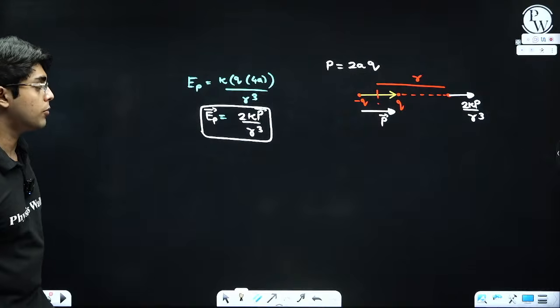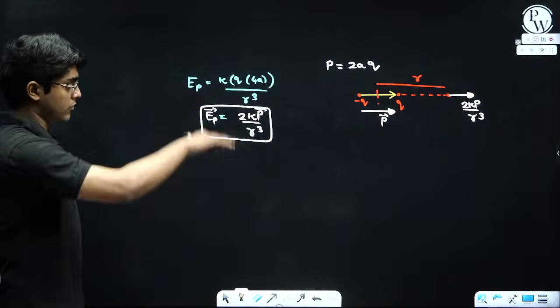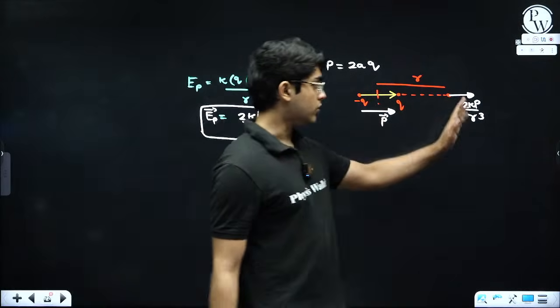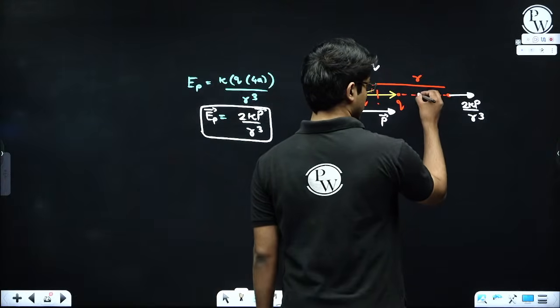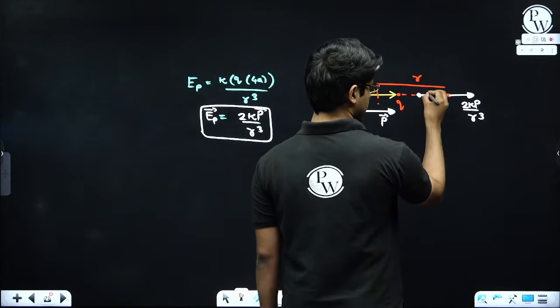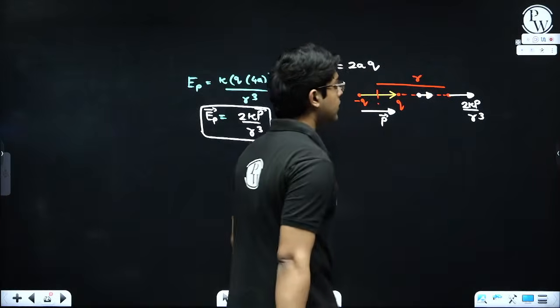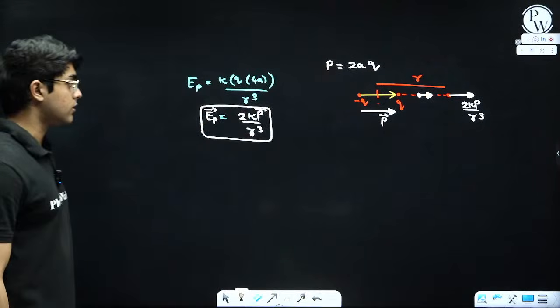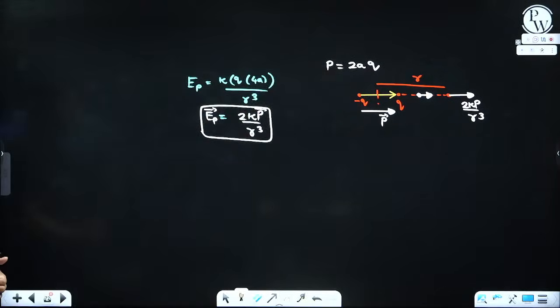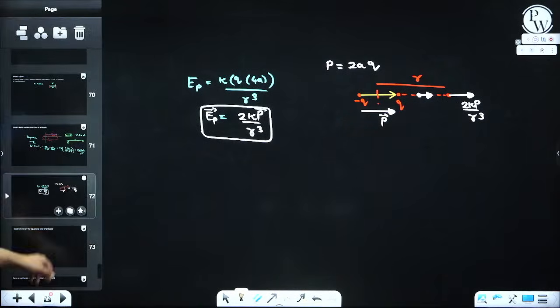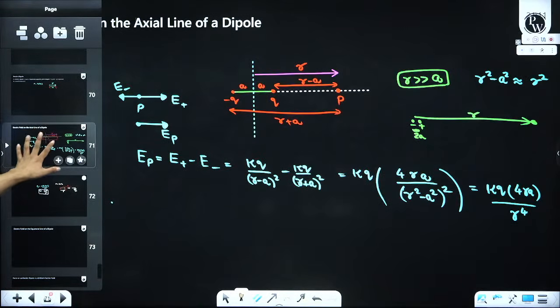In the axial position, wherever you choose, the field will be in the same direction as the dipole moment. So this is the field on the axial line of the dipole, along the axis.